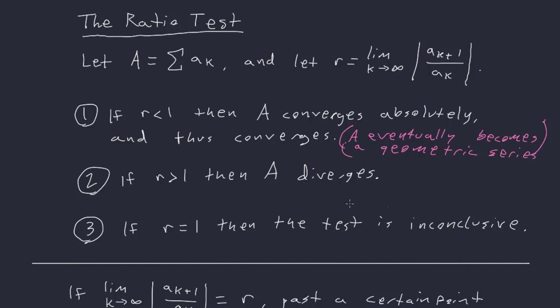Okay, if this is true, it's approximately a divergent geometric series. So a eventually, and I'll just say instead of becomes, behaves like a divergent geometric series.